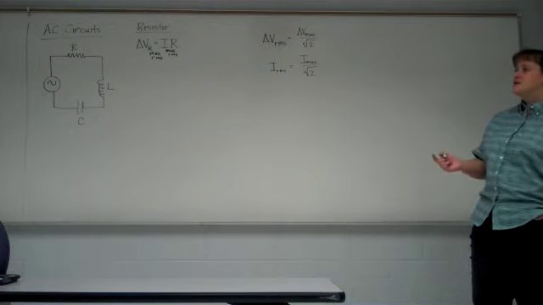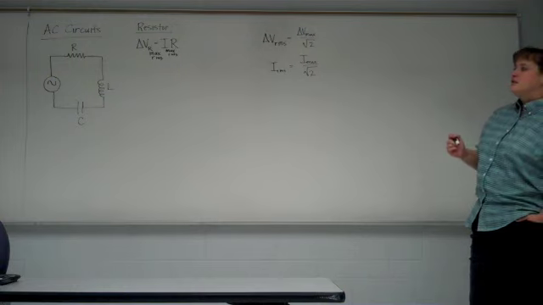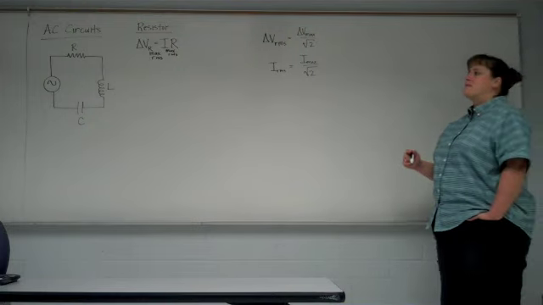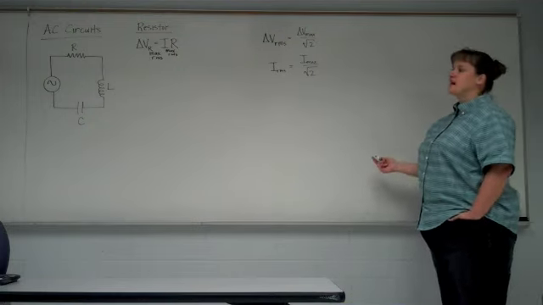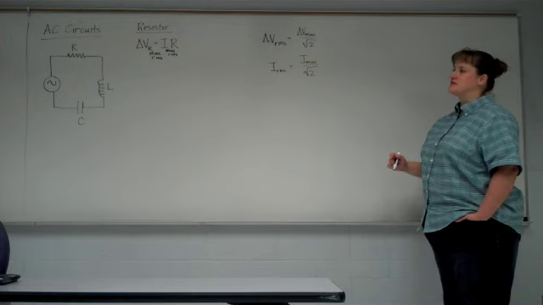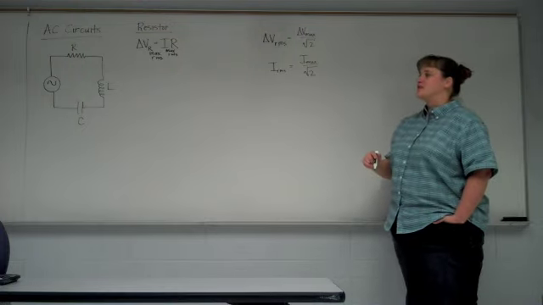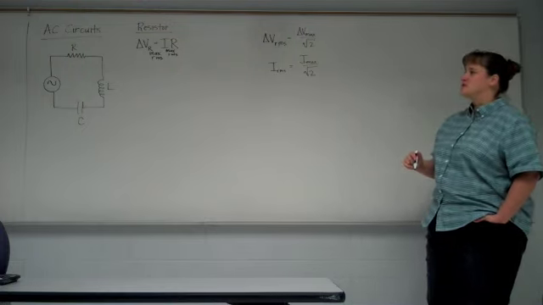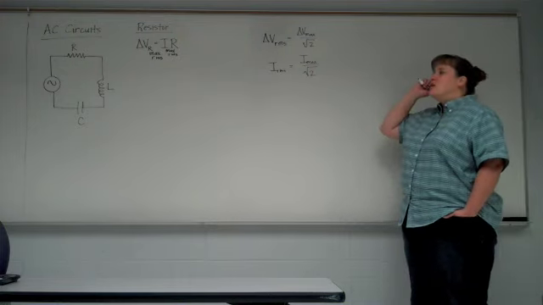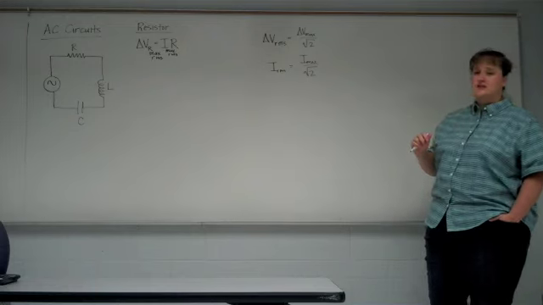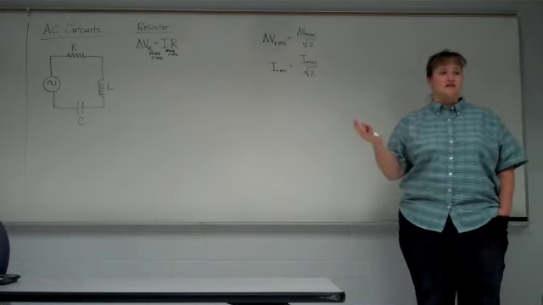Now with the resistor, the current and the voltage are in phase with each other. So when the current's maximum, the voltage drop across the resistor will be maximum as well. And when the current's 0, the voltage drop across the resistor will be 0 as well. Resistors convert energy from electrical form to heat to light.